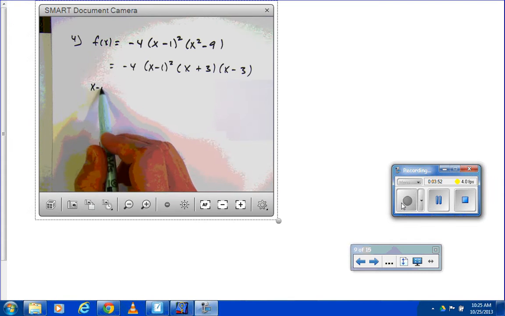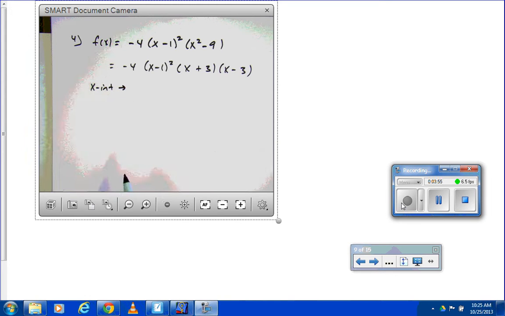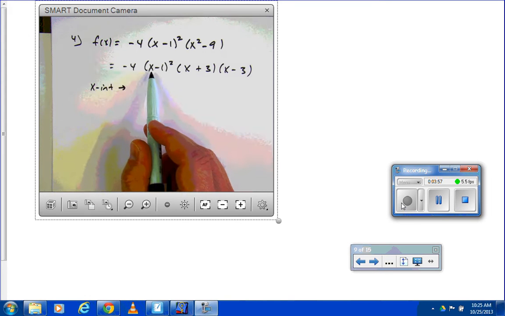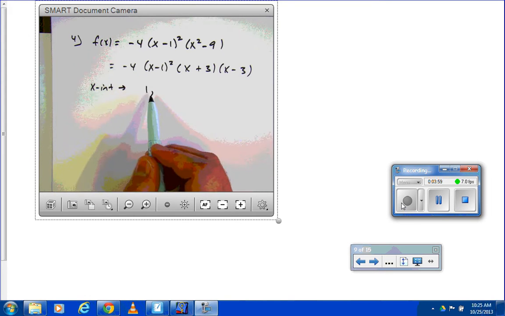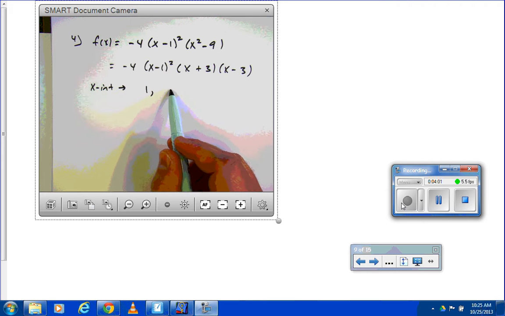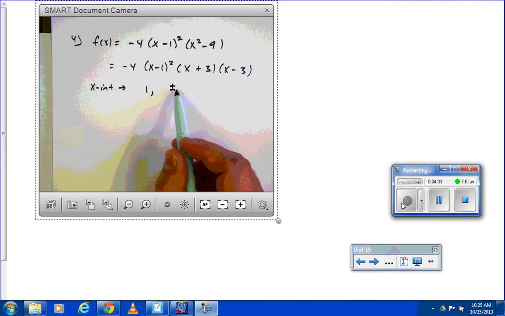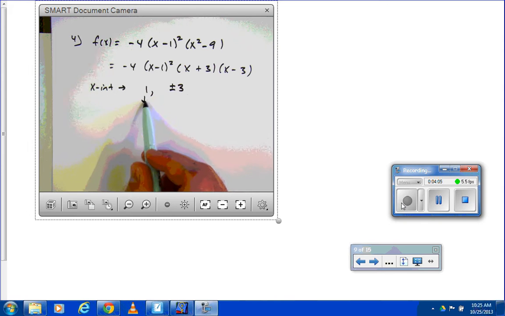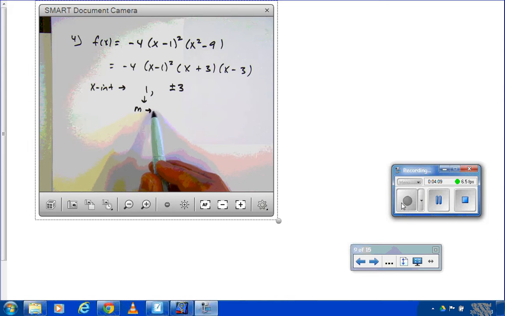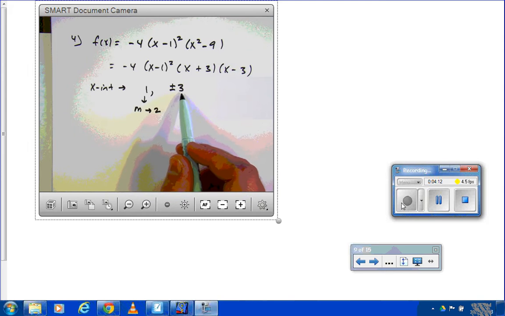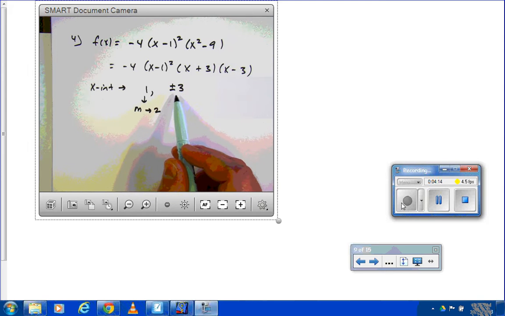Let's just rattle off the x-intercepts. So x-intercepts are going to be 1, and I have a multiplicity of 2, and then negative 3 and positive 3, so plus or minus 3. All right, so let's note this one's got multiplicity of 2, and these are just odd. Okay, so they'll just pass through the 3's.